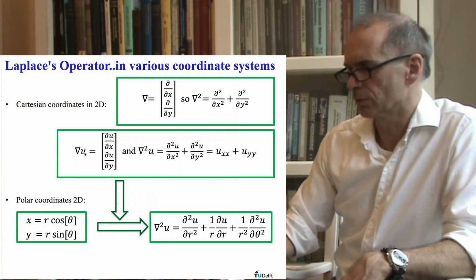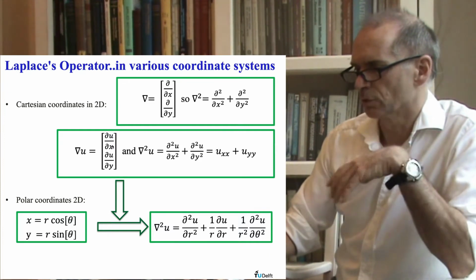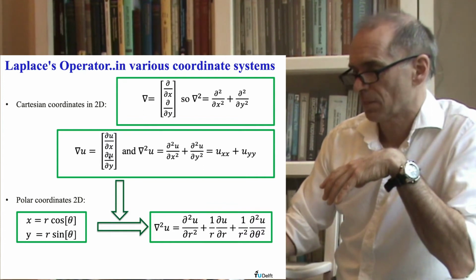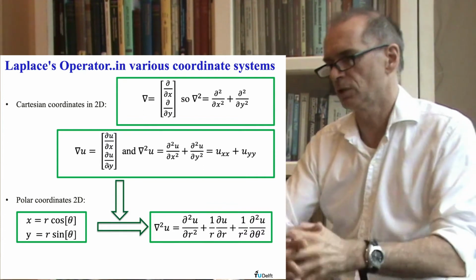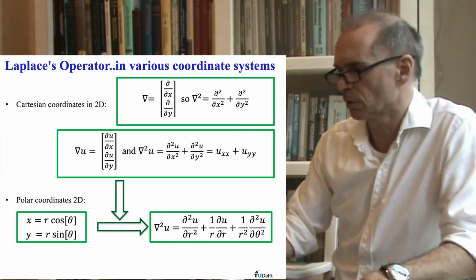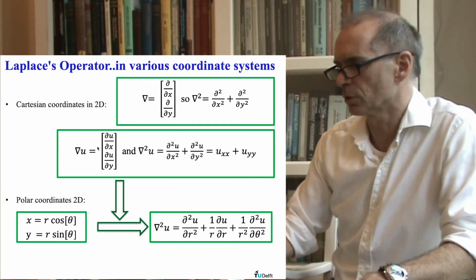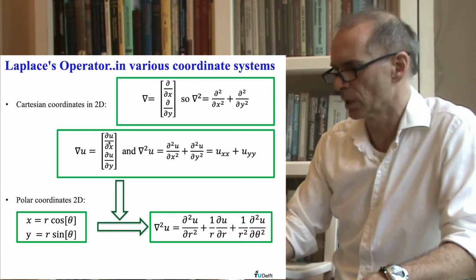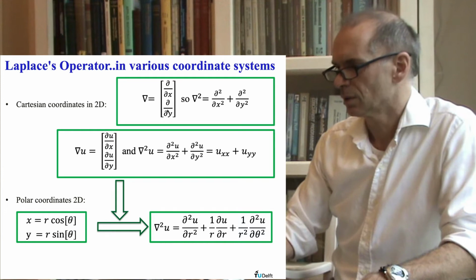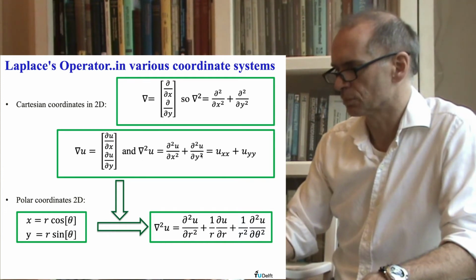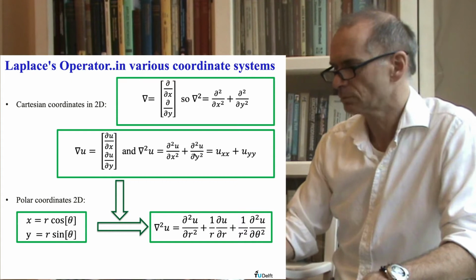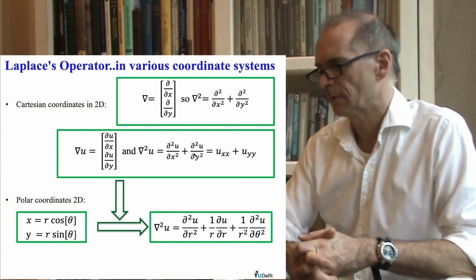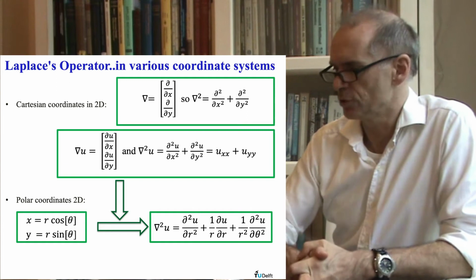So the gradient of a field u, for example, would be the partial derivative of u with respect to x, and then the second component, the partial derivative of u with respect to y. And if I would take the divergence of that, I would take a dot product with this same operator again, so you get ∂x² of u plus ∂y² of u. And this then is the representation of Laplace's operator in Cartesian coordinates.